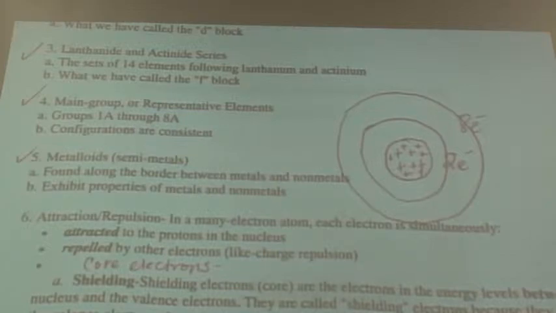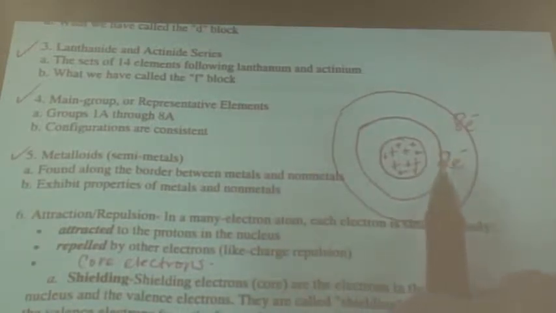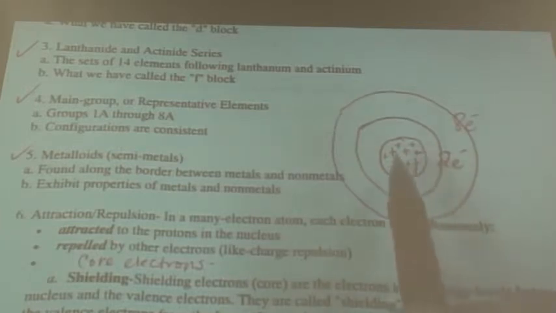Okay. So now I want to describe what's happening to the core and the valence electrons. These core electrons are very close to the nucleus. They are penetrating the nucleus more than the valence electrons are. They are feeling a very strong tractor beam pull from the nucleus. Everybody understand that?